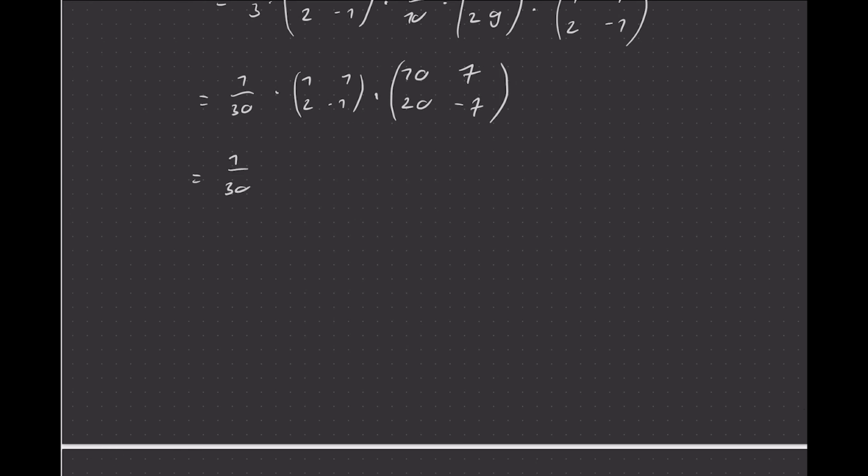And then let's multiply those two matrices here. First row is, there's 1, 1 times 10, 20. That's 10 plus 20, so that's 30. The second row, 2 minus 1 times 10, 20, that's 20 minus 20, that's going to be 0.